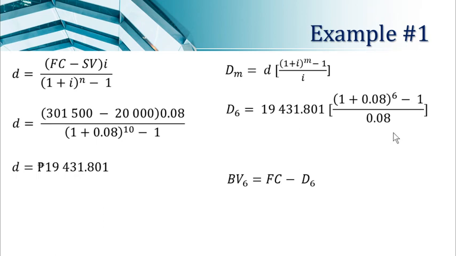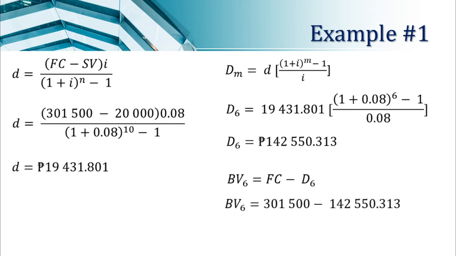Minus 1 over 0.08, our interest rate. Now, we have a total depreciation of 142,550.313. Ibig sabihin, yung iyong bulldozer ay 142,550 na yung ibinaba ng value niya, yung total na ibinaba ng value at the end of 6 years.